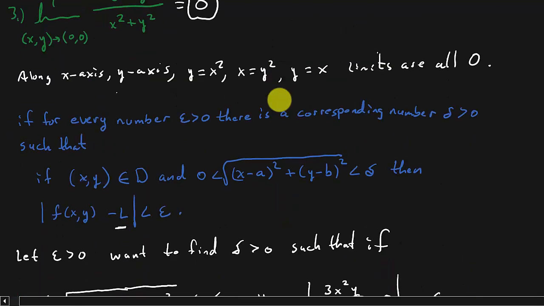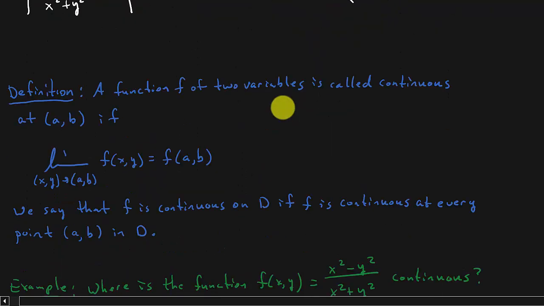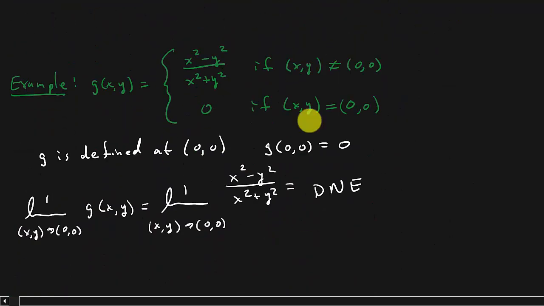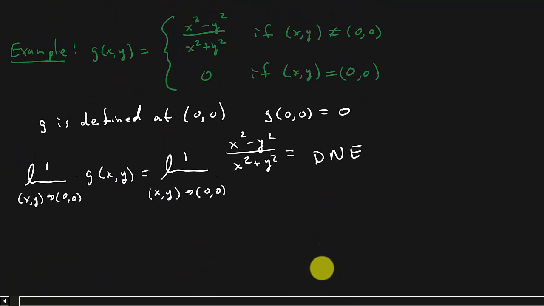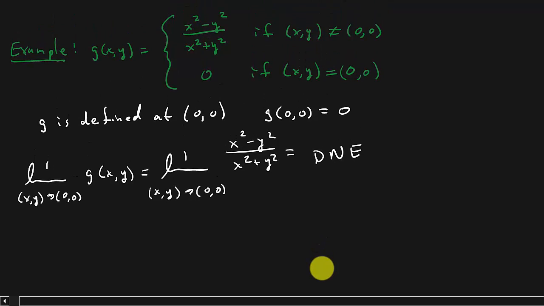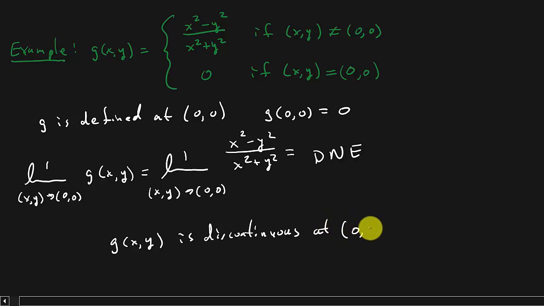See that? Let's see where. Keep going. Oh, here we go. All right, that does not exist. So this function g(x, y) is discontinuous at (0, 0).